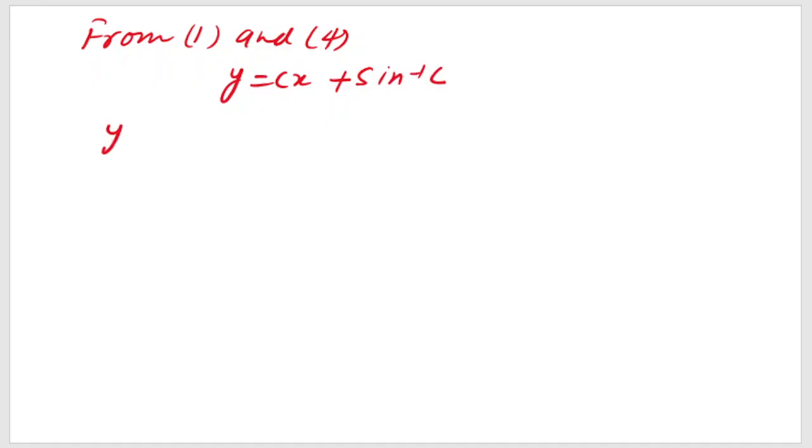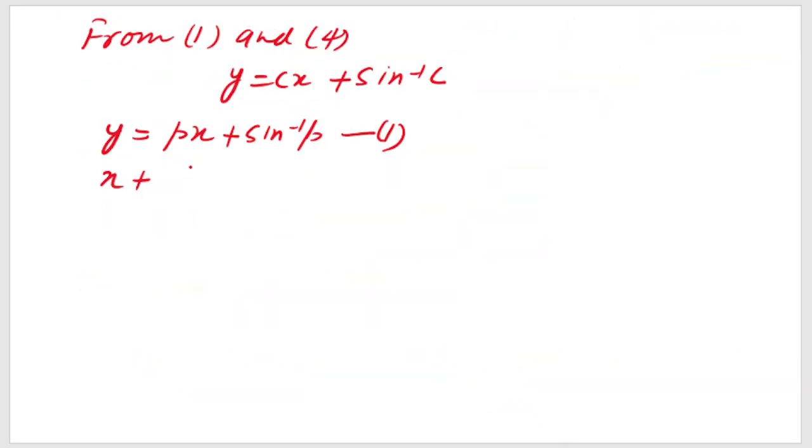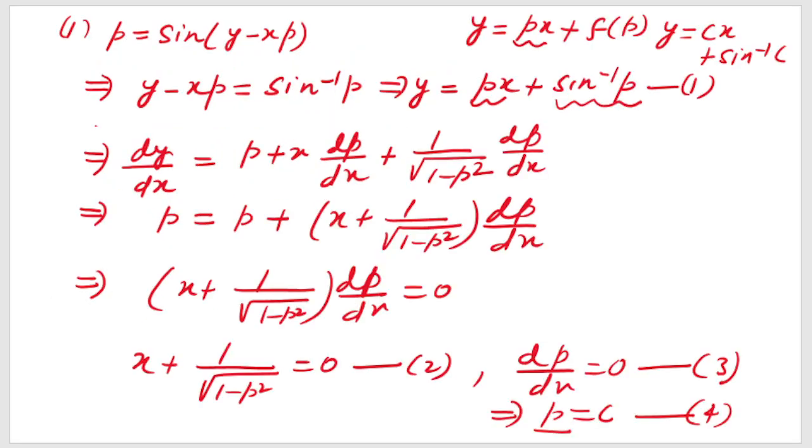But for our convenience I am writing equation number 1 here, y is equal to px plus sine inverse p. This is my equation number 1, and this part that I have got, x plus 1 by under root 1 minus p square is equal to 0, was my equation number 2.